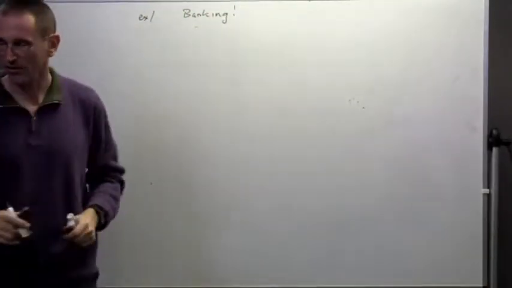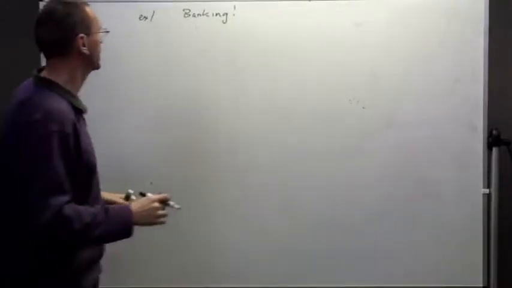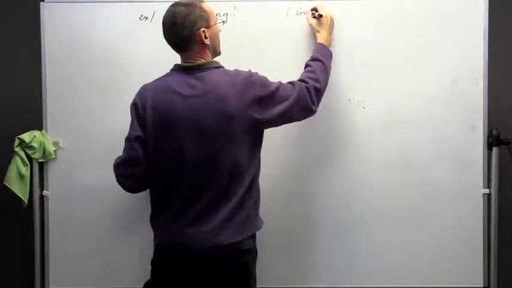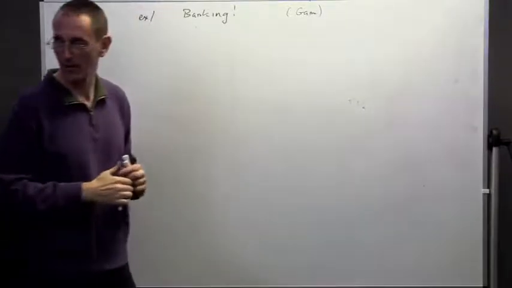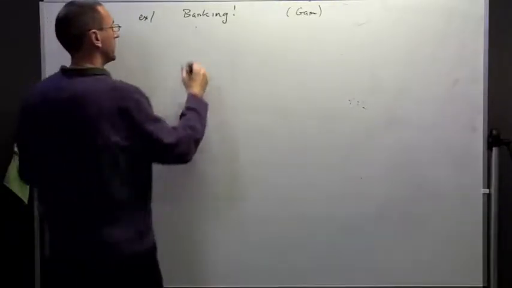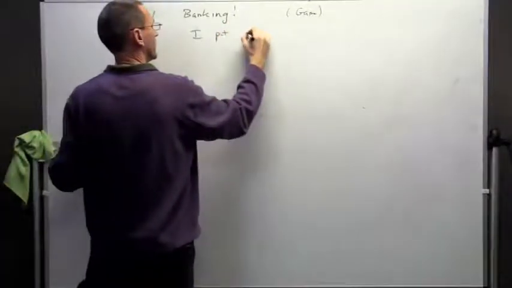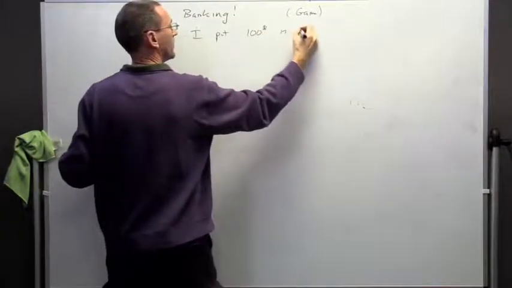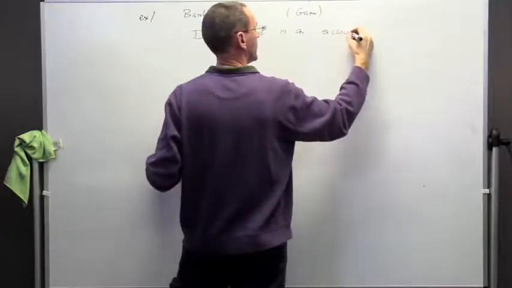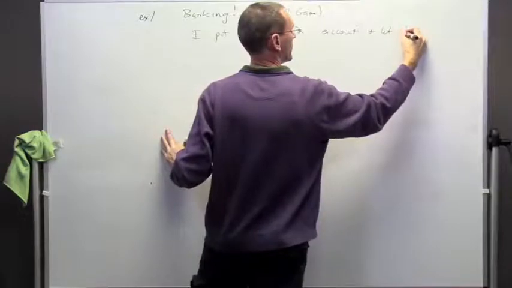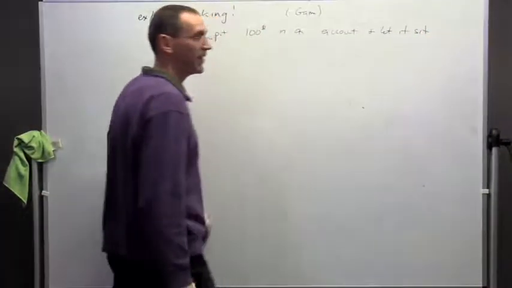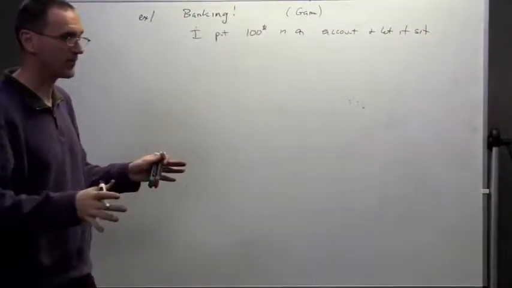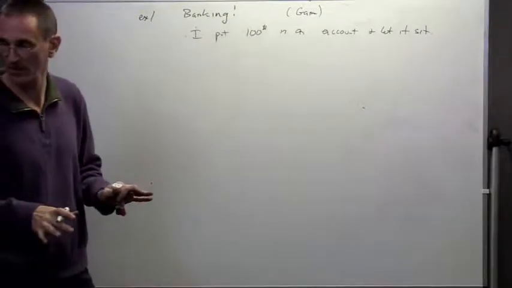So your banker uses this. Your banker plays a game. And here's the game your banker plays. I'm going to take $100. I'm going to put it in an account, and I'm just going to walk away from it and see what happens.